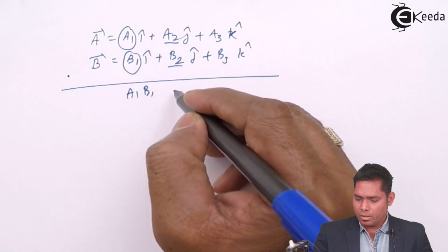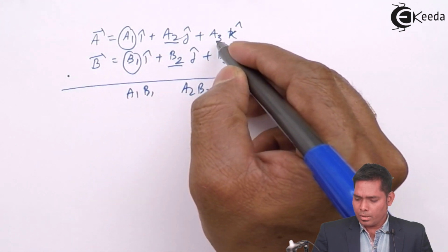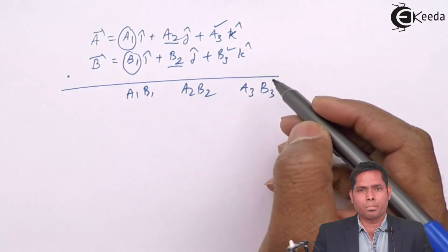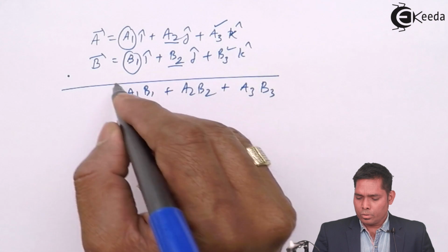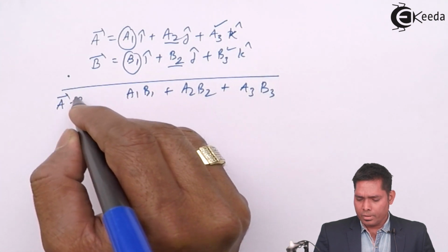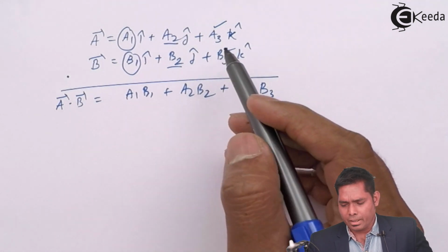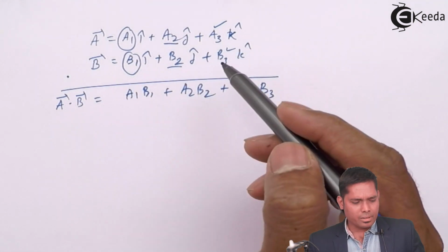Similarly a2 b2, a3 b3, these are multiplied and then added up. So a dot b is always this one. You might have done that in your classes.